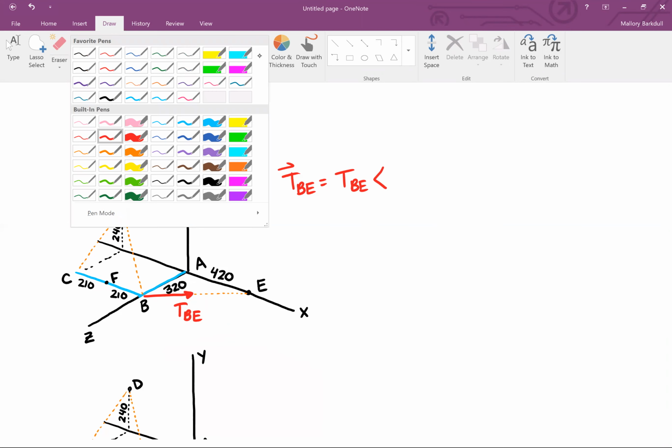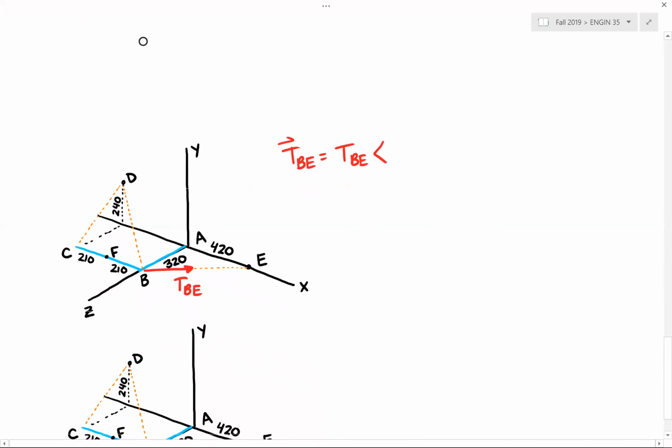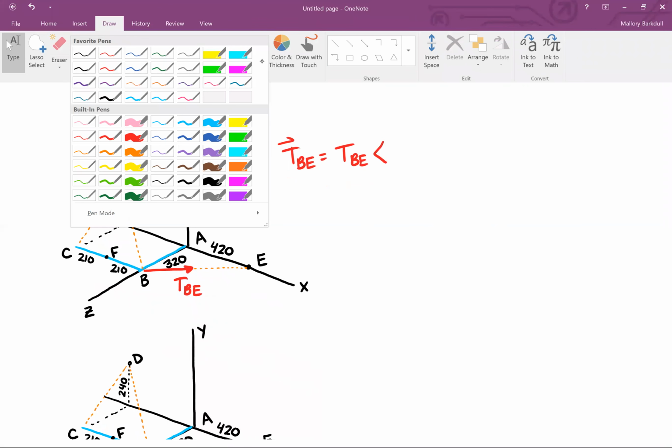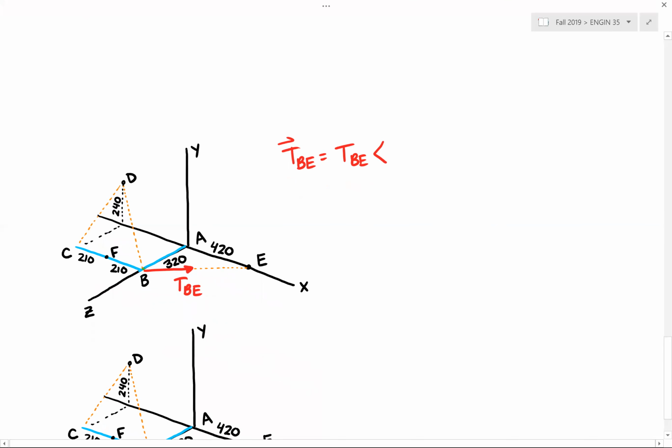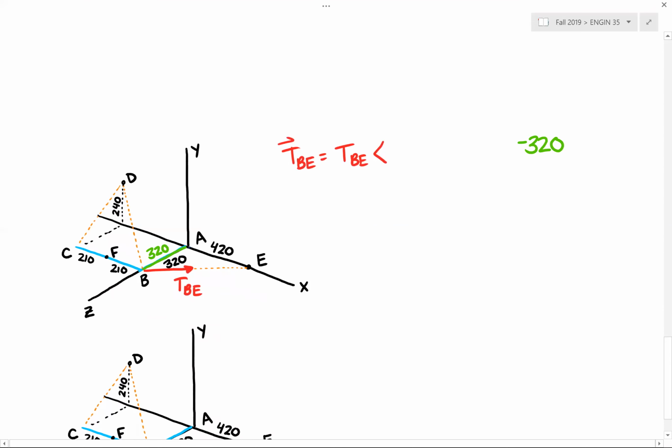So to get from B to E, first I go negative 320 in the Z direction. And then a positive 420 in the X direction.